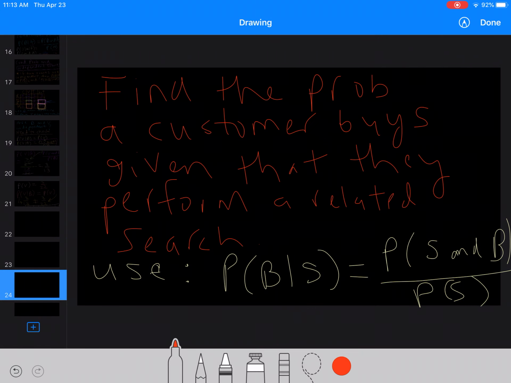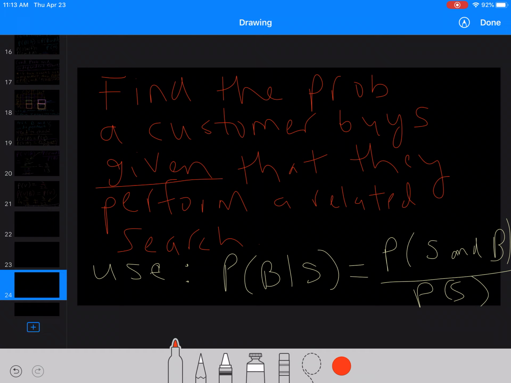And now we're going to ask this question. We're going to find the probability a customer buys a given product that they perform a related search on. So we're going to find the probability that the person buys the product given they have performed a related search.